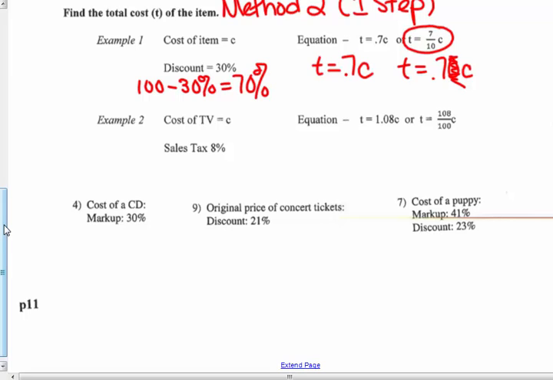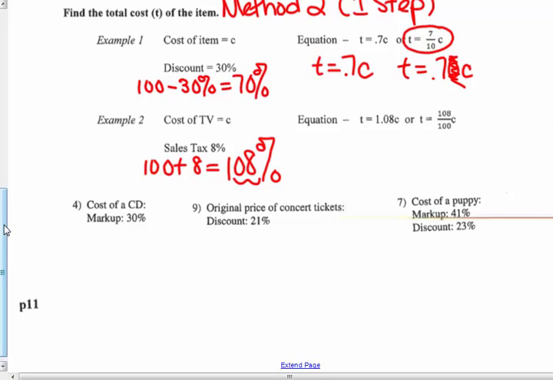So the cost of a TV, C, say it's $400, and the sales tax is 8%. I know in the real world, I have to add my tax on. So sales tax is added to the 100% that you're going to pay for that TV already, and you get 108%.